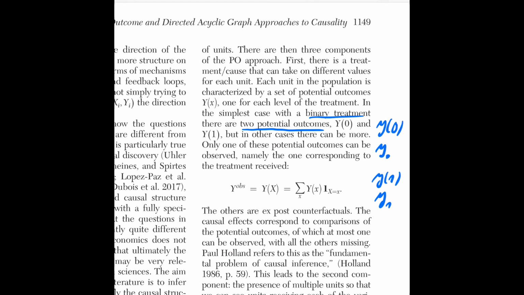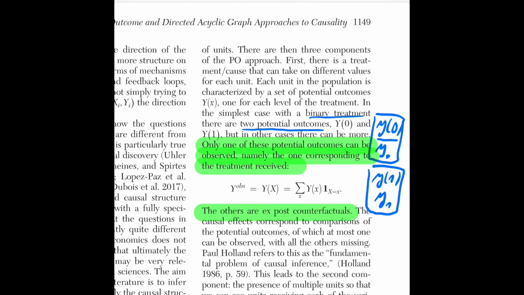And if you observe the outcome in case of non-participation, then the counterfactual is the other potential outcome in case of participation, or you observe the outcome in case of participation, then your counterfactual, your potential outcome, is the hypothetical outcome in case of non-participation. So only one of these potential outcomes can be observed, namely the one corresponding to the treatment received. The others are ex post counterfactuals.